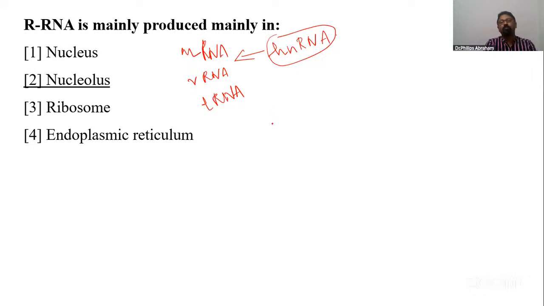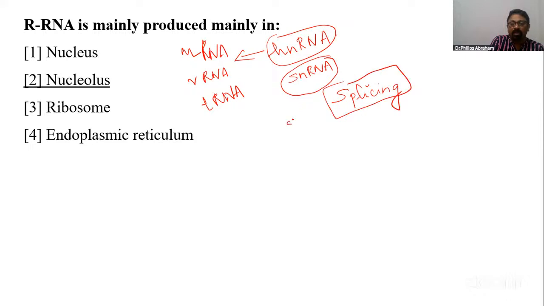Then during its modification, the conversion of hnRNA to mRNA, you need an RNA called snRNA, small nuclear RNA. In hnRNA to mRNA conversion there is one process called splicing, removing some part. For the splicing process, we need snRNA, as I said earlier.